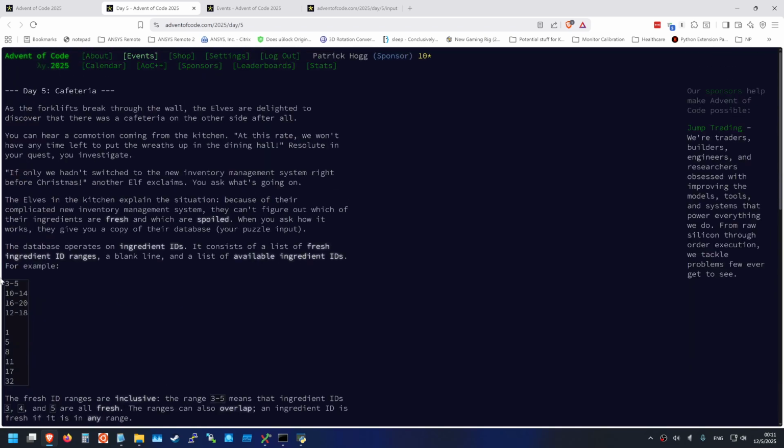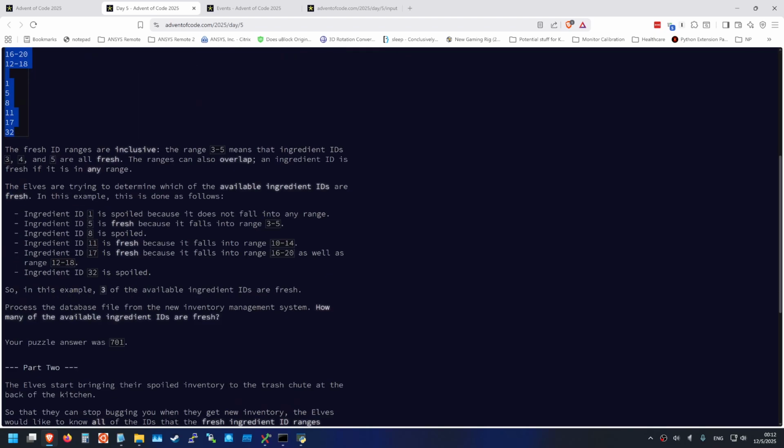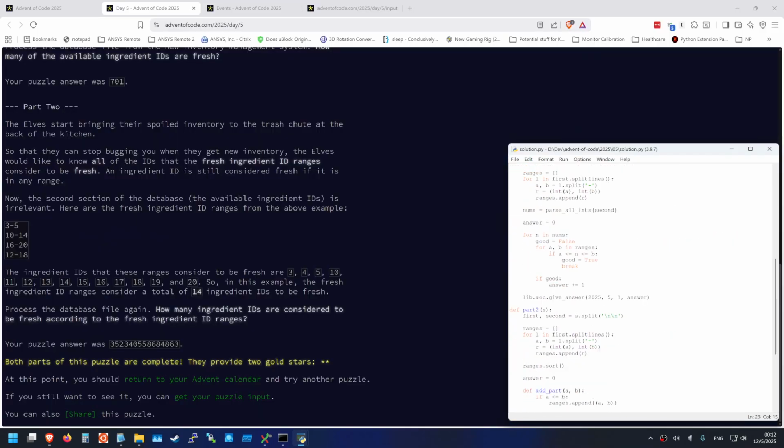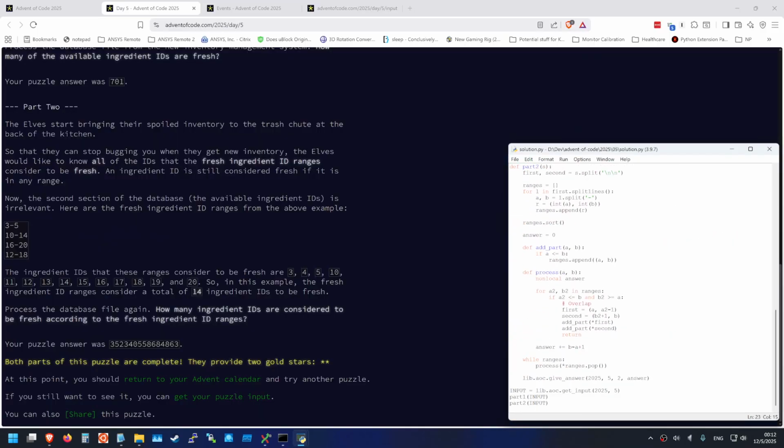There was a problem in a previous year where you had a bunch of ranges like this, but they were ranges in 3D space, and you ended up having to count how many cubes total there were. It was a very interesting problem, and I ended up doing a weird combinatoric thing. There was a perfectly valid way to handle it where you did splitting of those 3D cube ranges like we did here.